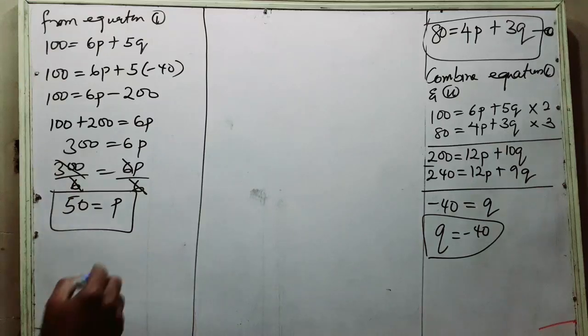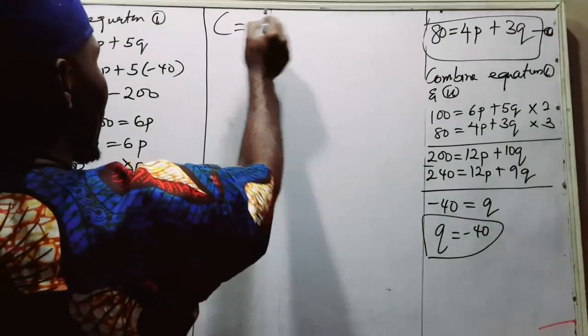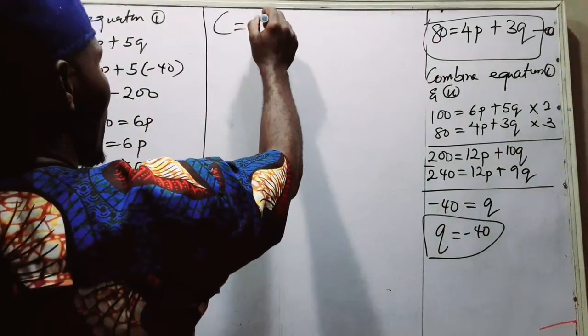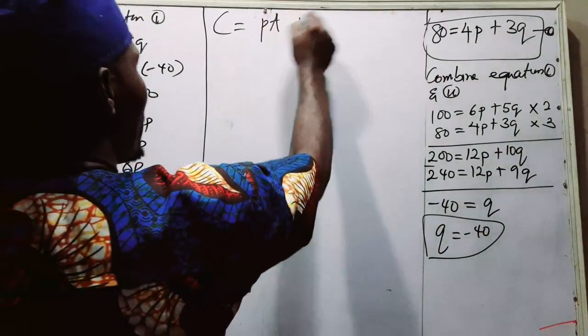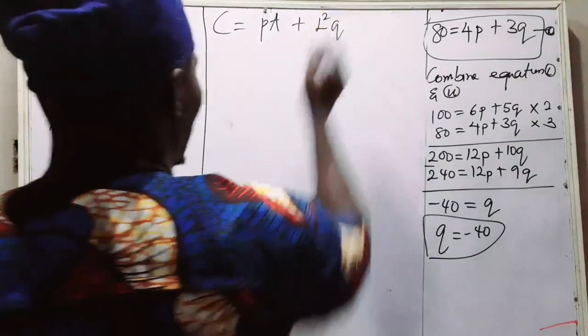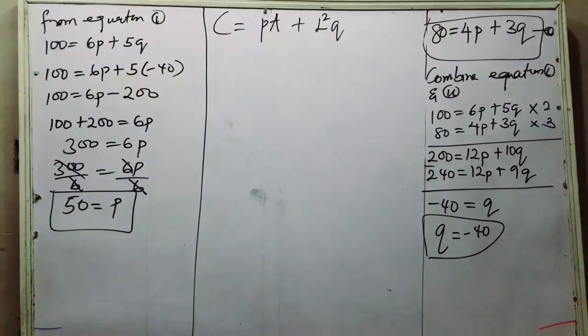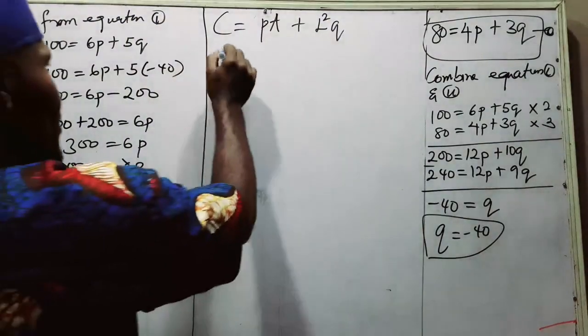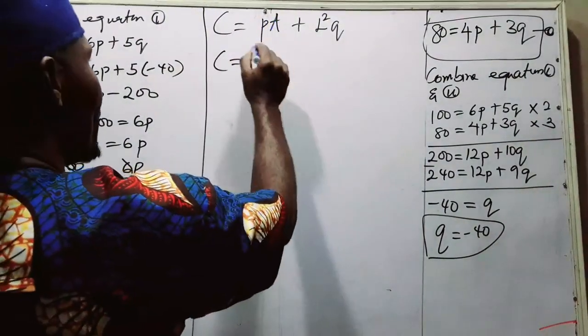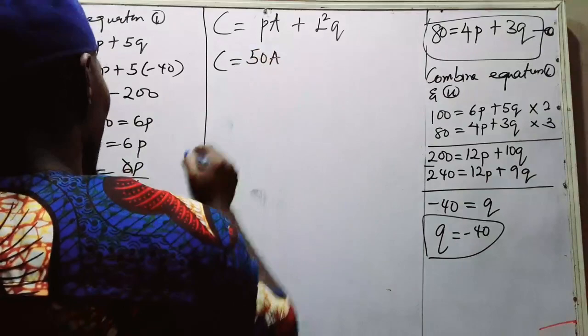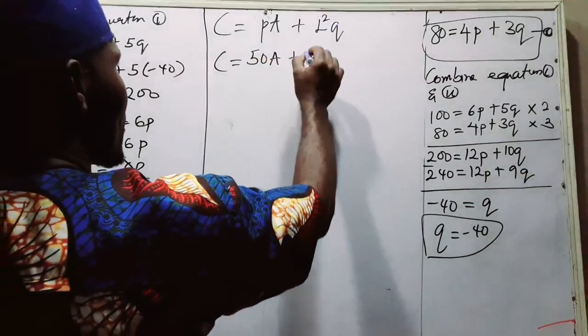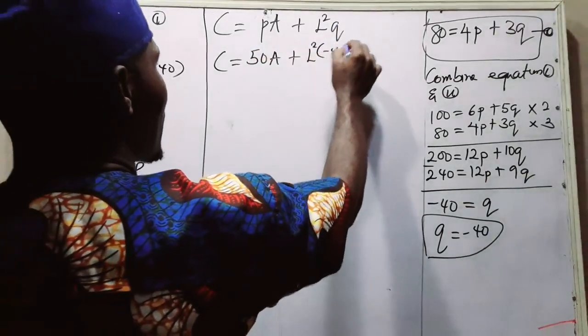So our equation is C is equal to P times area plus Q times L square. Let's write the relationship between C, A and L. So we have C, where P is 50, that is 50A plus L square times minus 40.